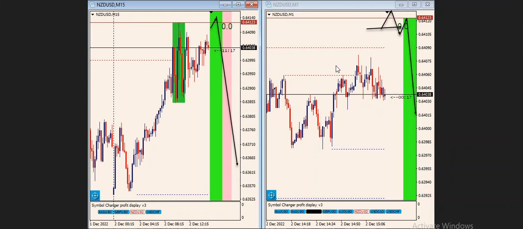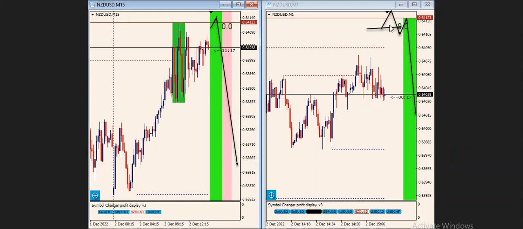Right, so NZD/USD, look at NZD/USD, see what happened. I was waiting for price at this New York session to take out this high. From the open of the day, you'll see that price has been bullish on the 15 minute time frame. I was expecting price to continue like that, take out this high and drop, giving me this pattern.